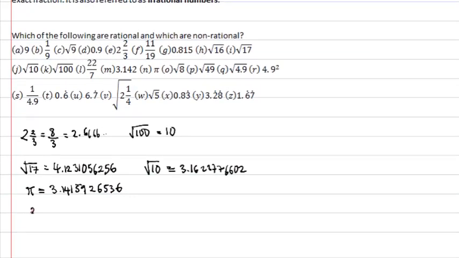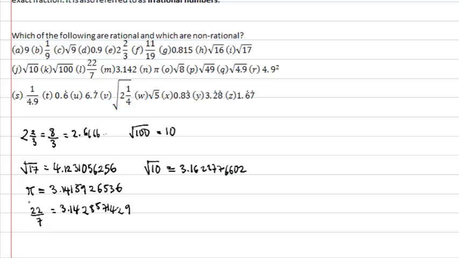Okay, so now let's see what 22 over 7 gives us. 22 divided by 7 gives us 3.142857142. If you notice, 3.14, okay, now this place is 1, but this place is 2.